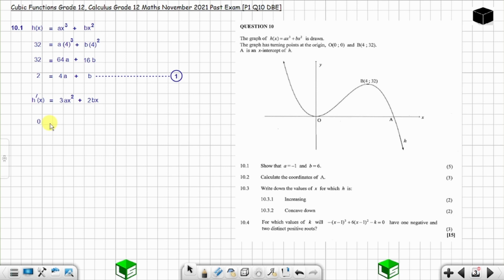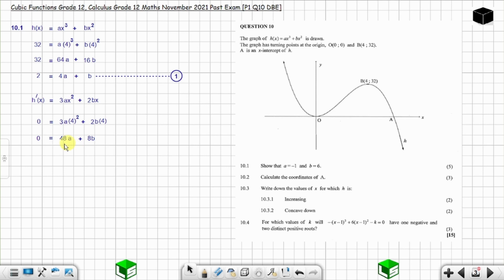So this is equal to 3a, and x is still 4, so you have 4 squared, plus 2b, x is 4. We carry on: 0 is equal to 16 times 3 is 48, so 48a, plus 4 times 2, which is 8, so 8b.